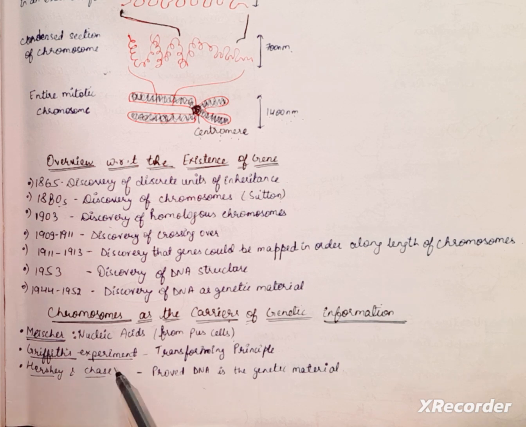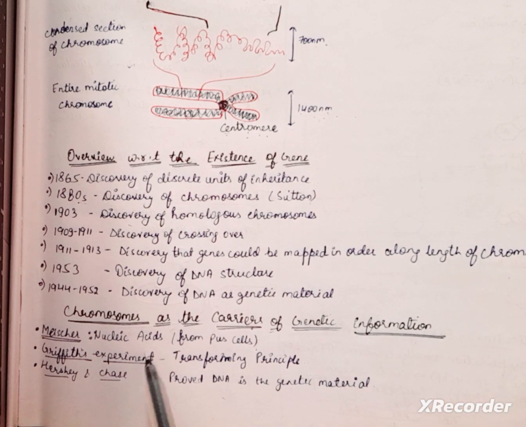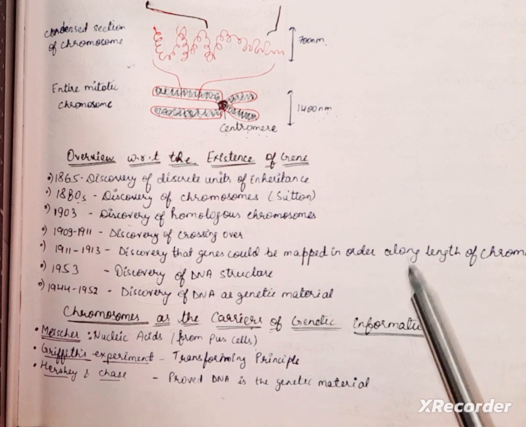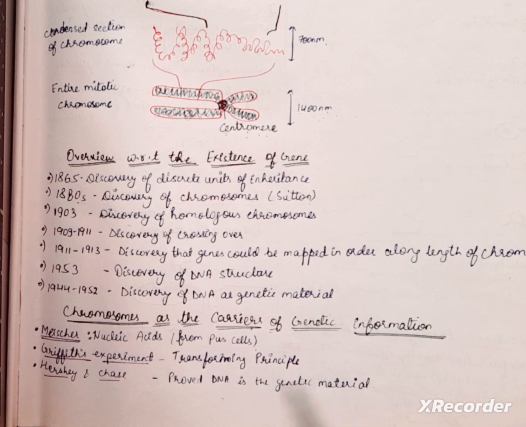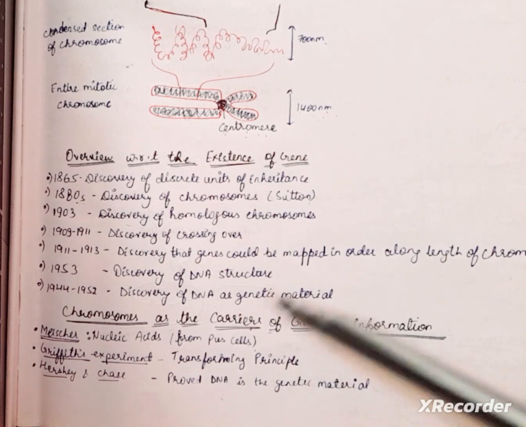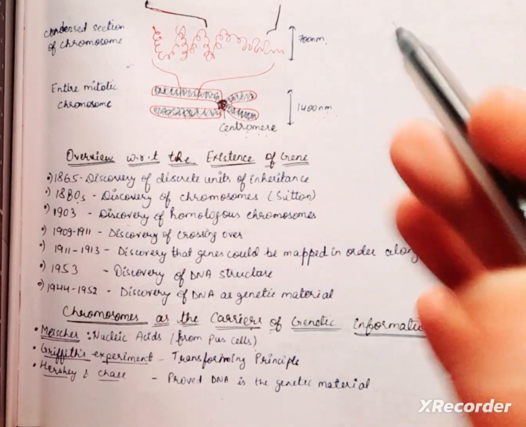Then the Griffith experiment, also known as the transforming experiment or transforming principle, proved that bacteria with a rough surface cannot infect other organisms, but bacteria with a smooth, slimy, slime-like cell wall surface are responsible for infection.